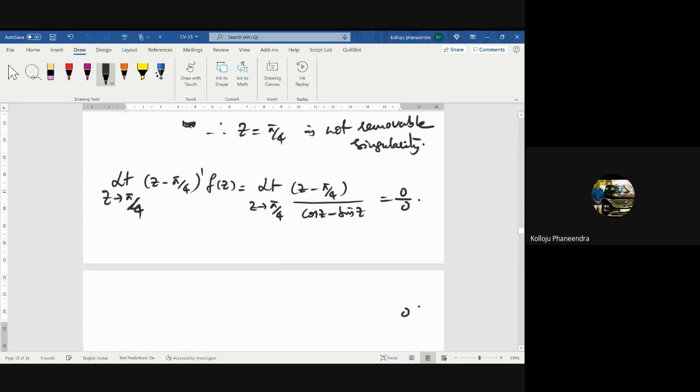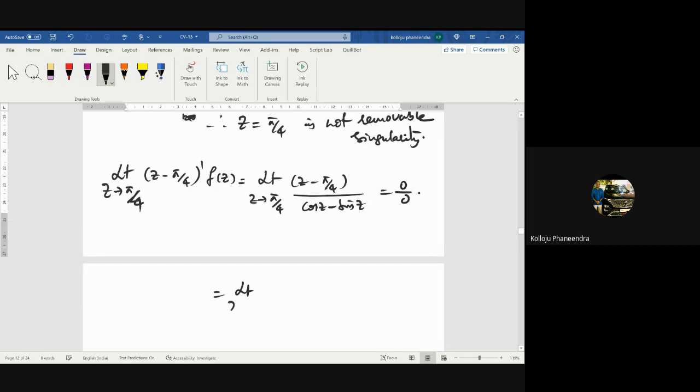Now apply L'Hospital rule. Z tends to pi by 4, the numerator gives 1, the denominator gives minus sine z minus cosine z. So what is this? Sine pi by 4 is not equal to 0, correct? 1 by minus 1 by root 2 minus 1 by root 2. So it is finite.